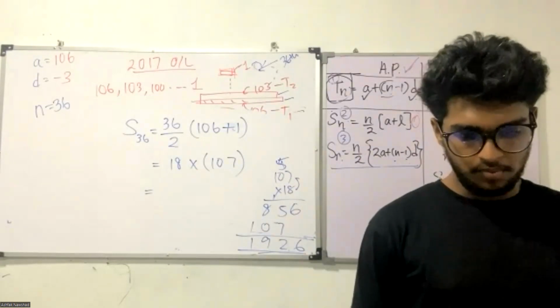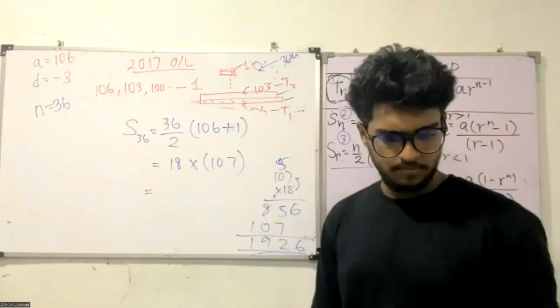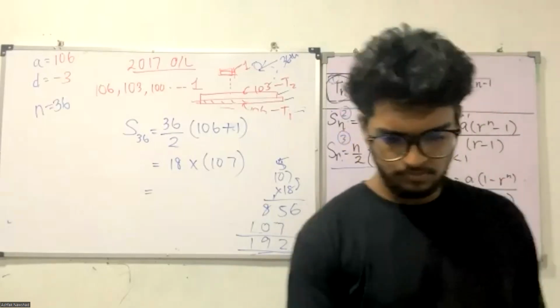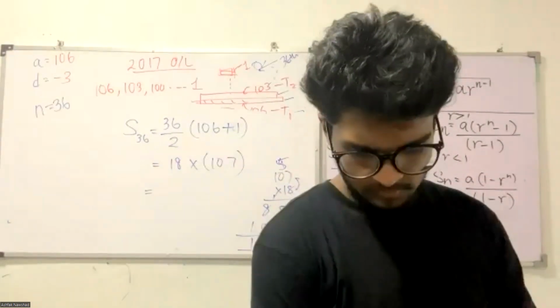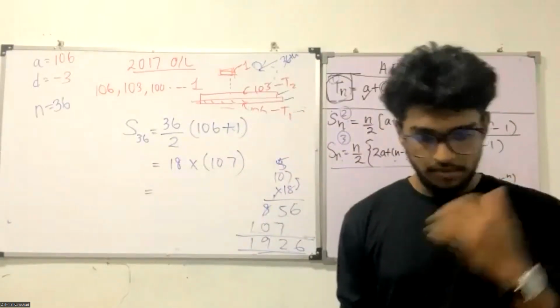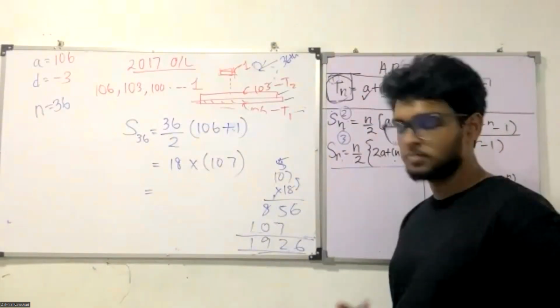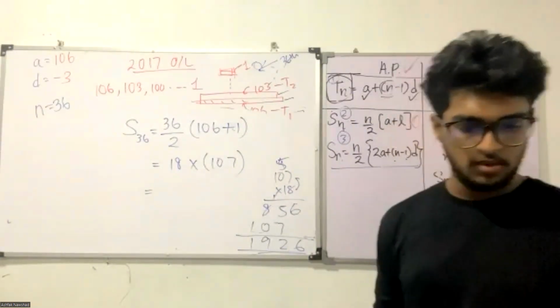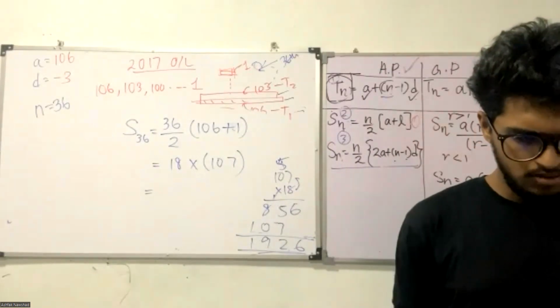So we are done with progressions. Is it clear for everyone? Good. So we are done with progressions. We'll take a small break and go to simultaneous, or we'll do one simultaneous question and then go for break. How about it?